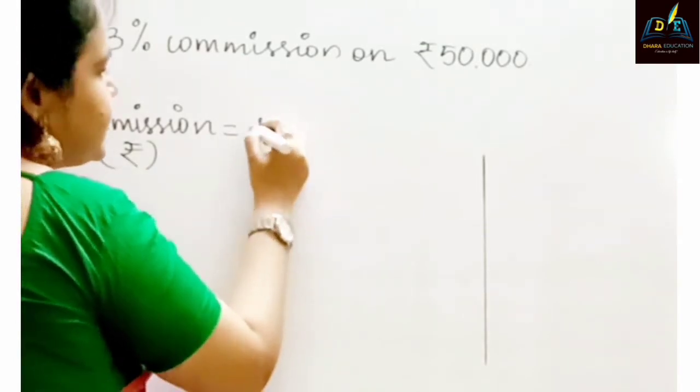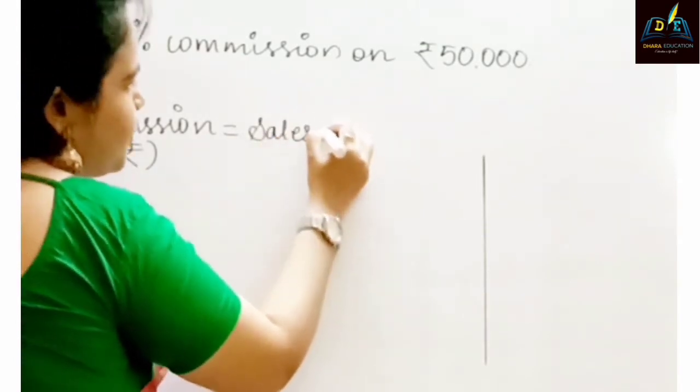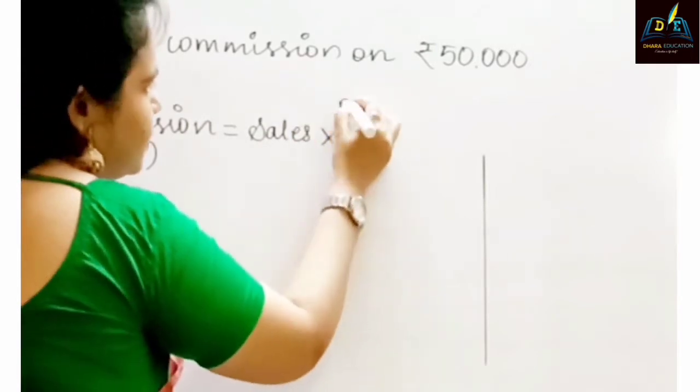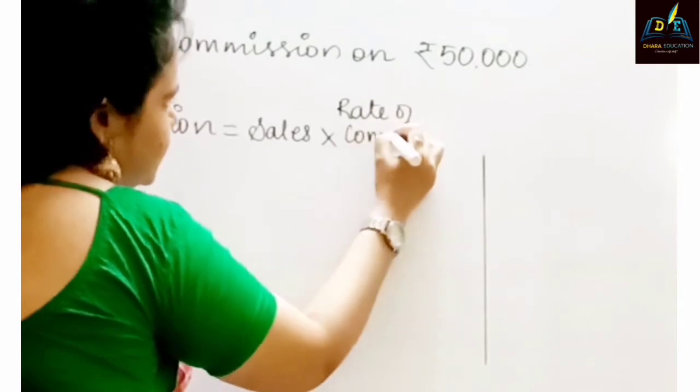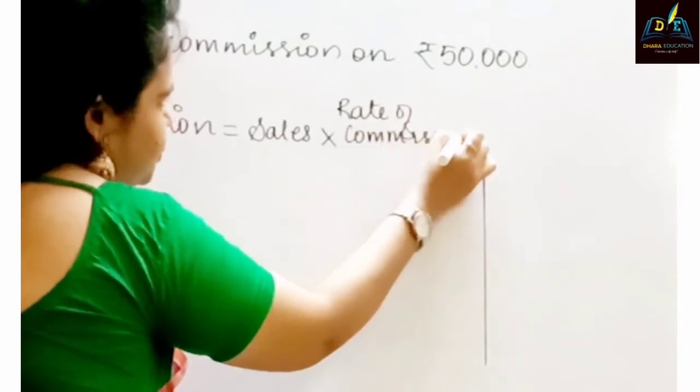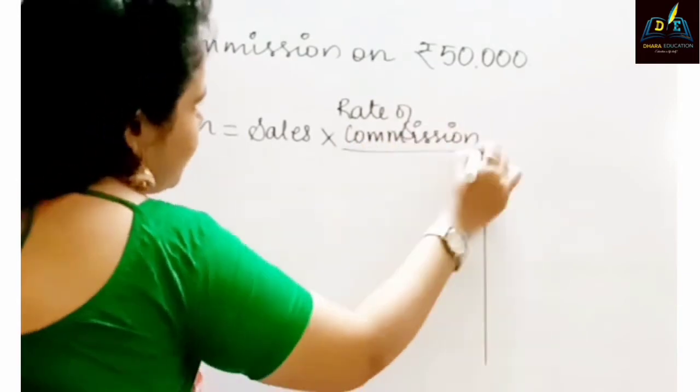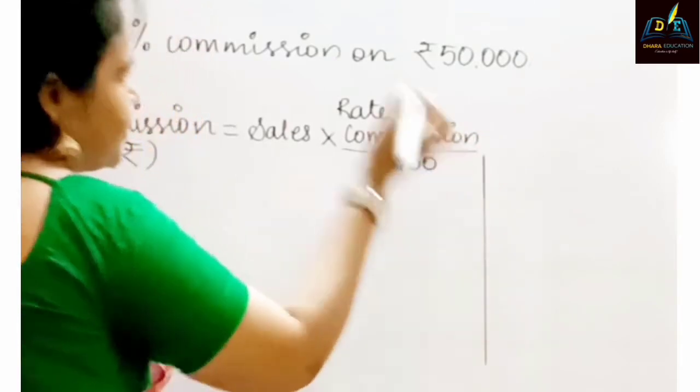So sales multiplied by rate of commission upon 100.